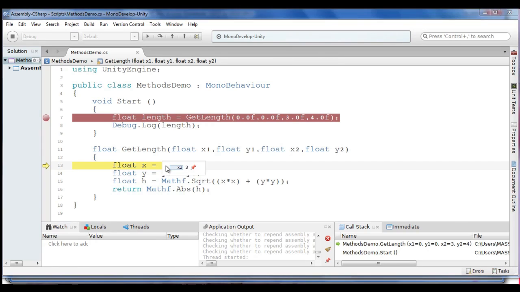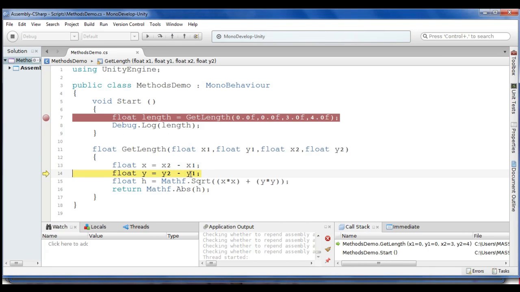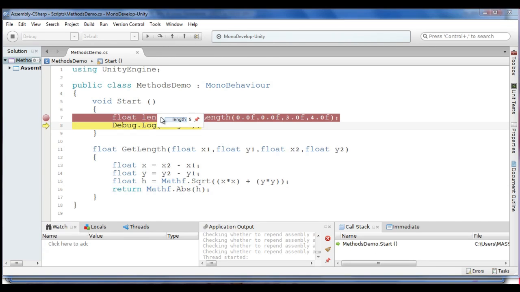Now x2 is 3, x1 is 0, so 3 minus 0 is 3, we get in x. Now y2 is 4, 4 minus 0 is 4, we get in y. Then we calculate the square root function, and you can see that h is now 5, and the absolute of that we are going to return back, and you see that length is 5, and you can display that value on the screen.